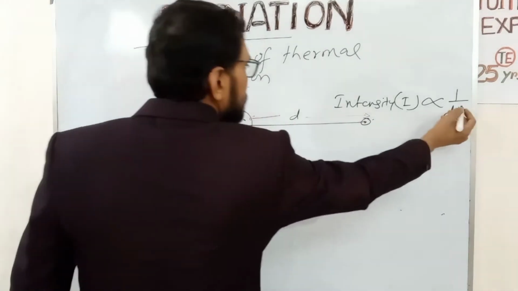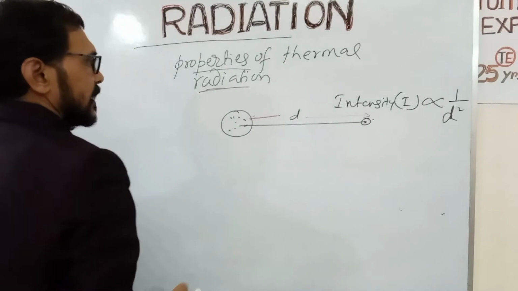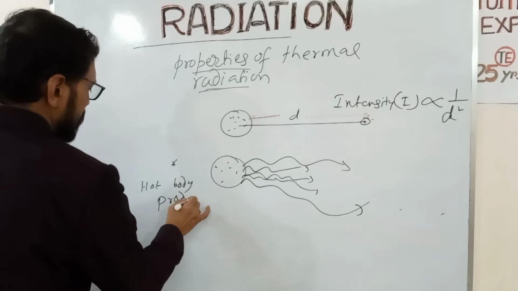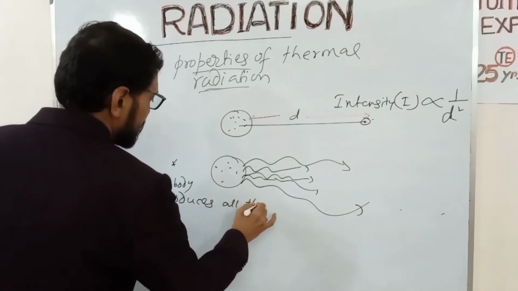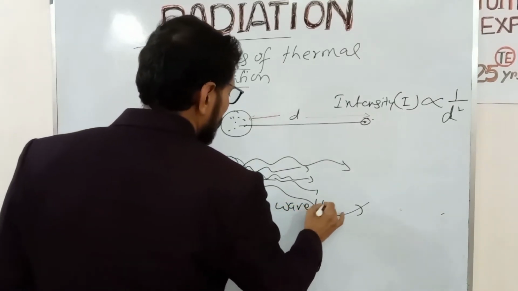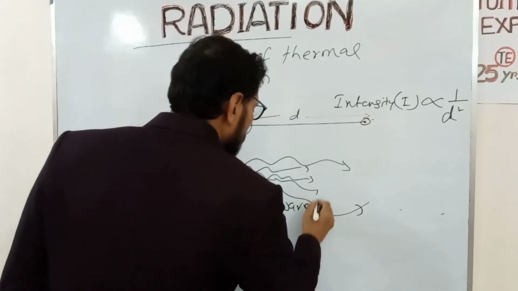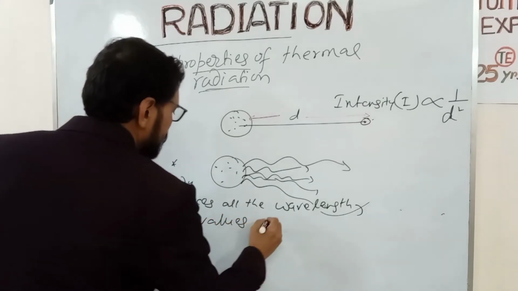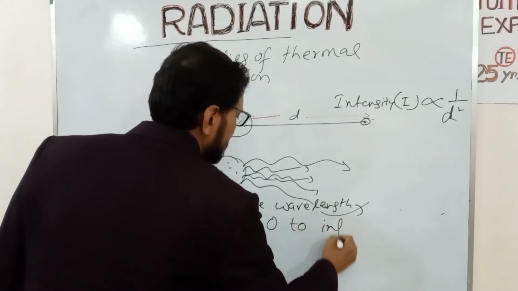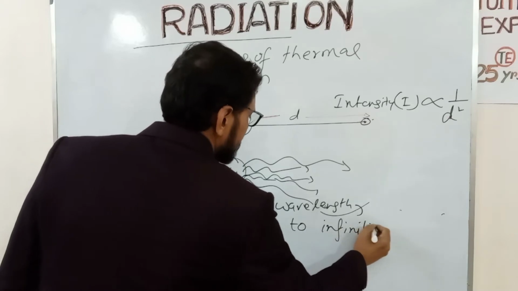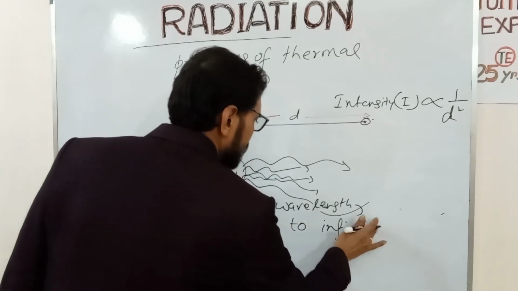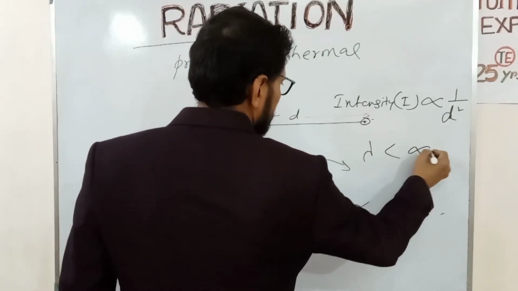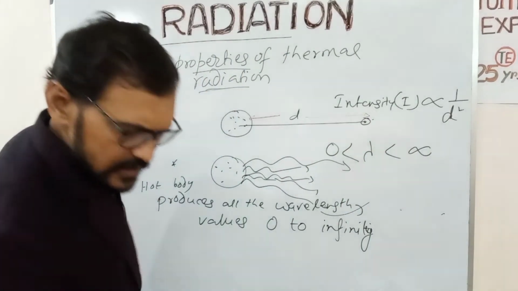So intensity is proportional to 1 by d square, and a hot body produces all wavelengths, whose values lie between 0 to infinity.